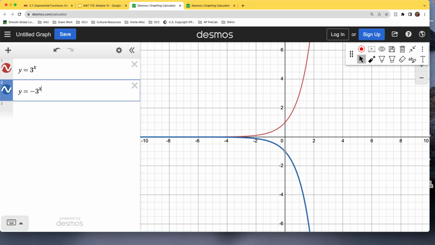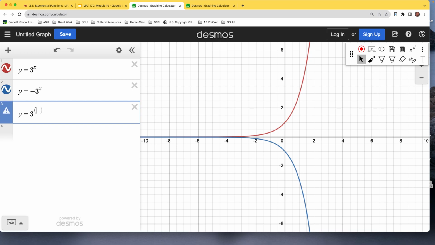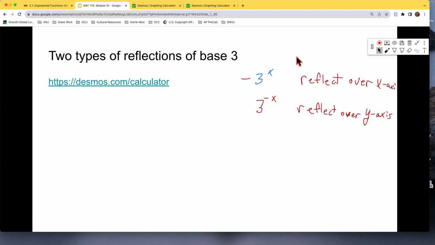And we see that flipped it over the x-axis. And then y equals 3 to the negative x. And that flipped it over the y-axis. Okay.